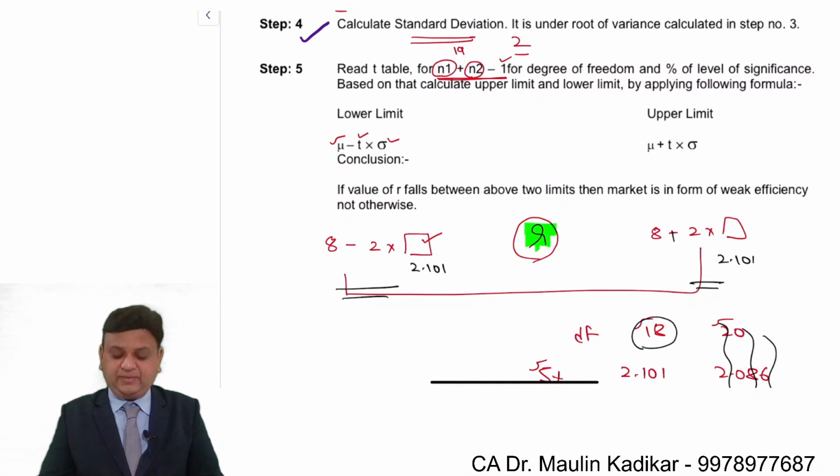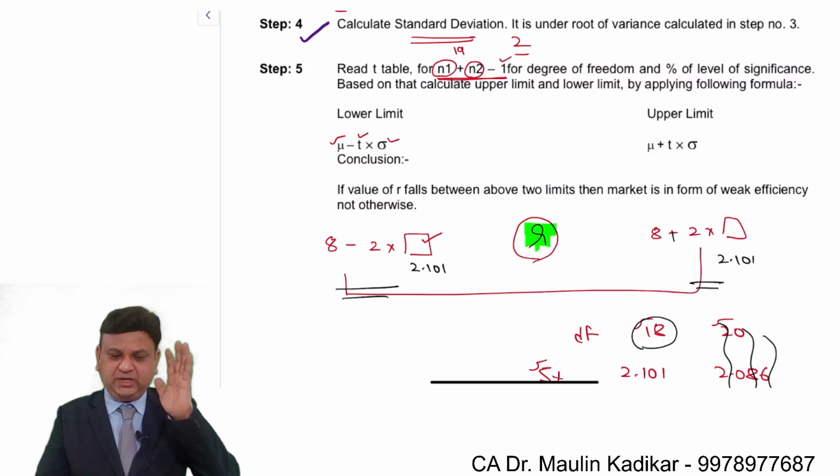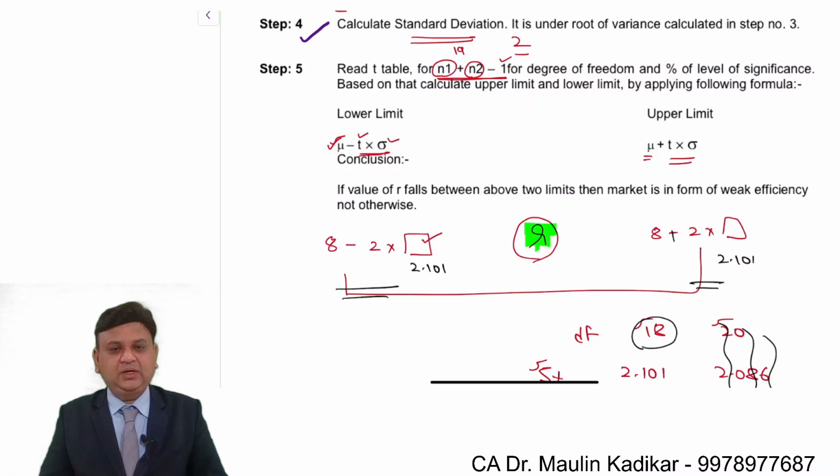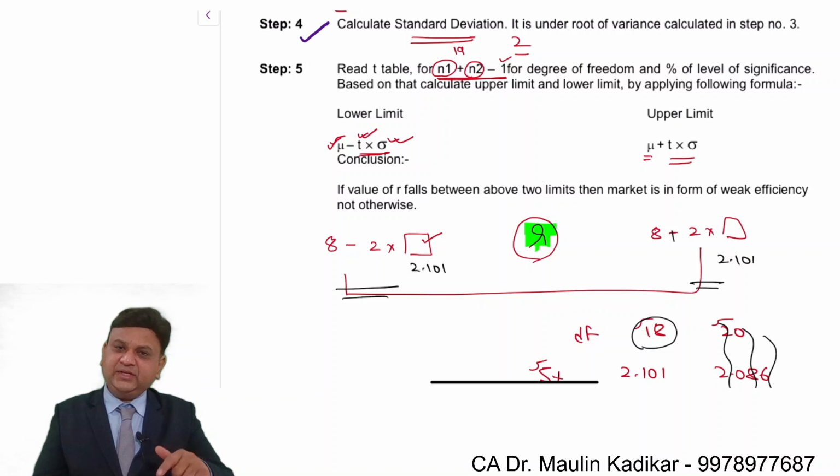How is the range developed? Understand carefully and logically: the lower limit is whatever the mu value that we have found minus something, and the upper limit is mu value plus something. The something is the T table reading into standard deviation. How to get the T table reading?